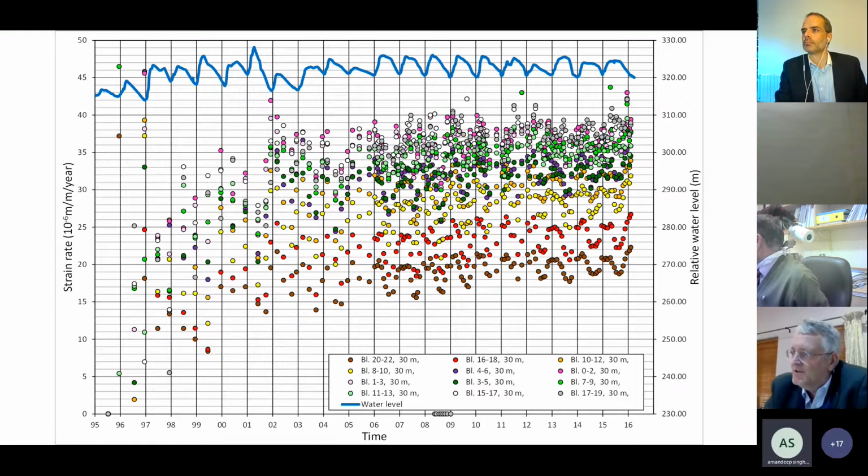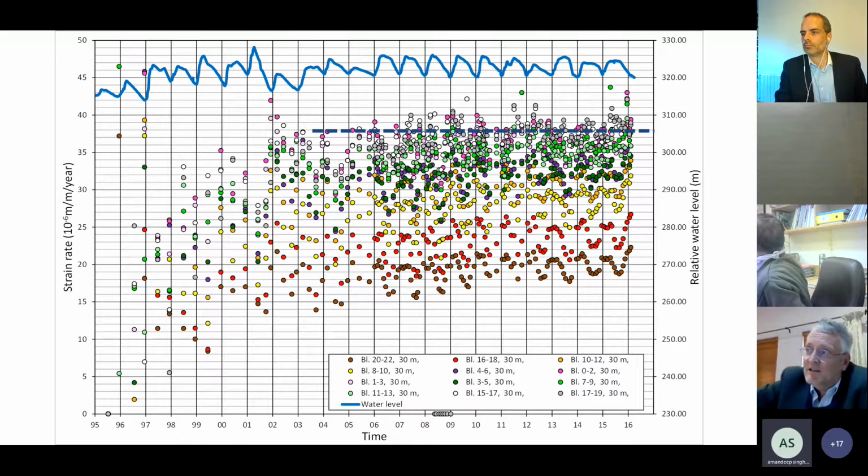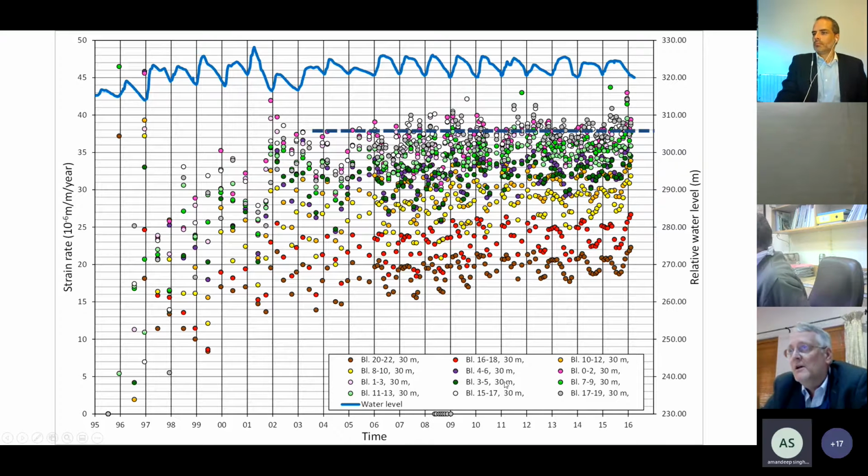This is in microstrain, the value given here, okay? One can look at, say, 38 maximum microstrain. But the first thing that one sees here is that you have different strain rates for the different blocks. Okay. And one sees that a lot.